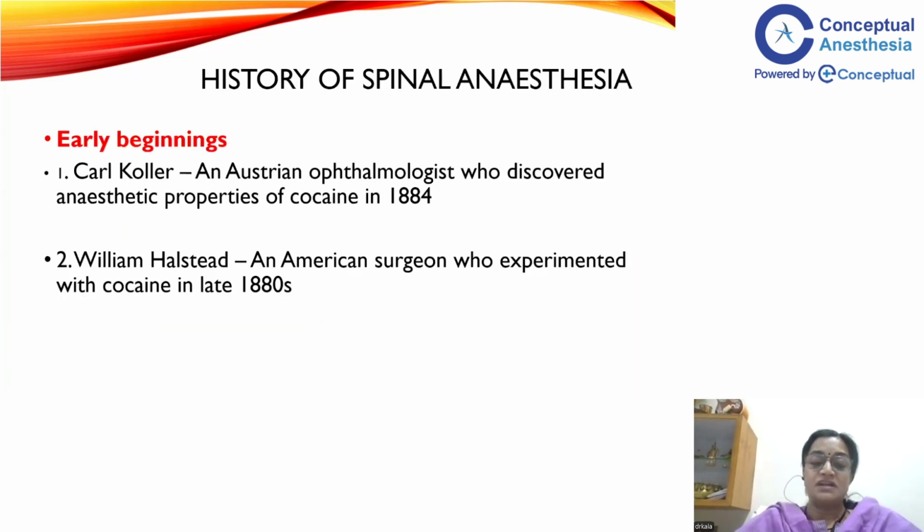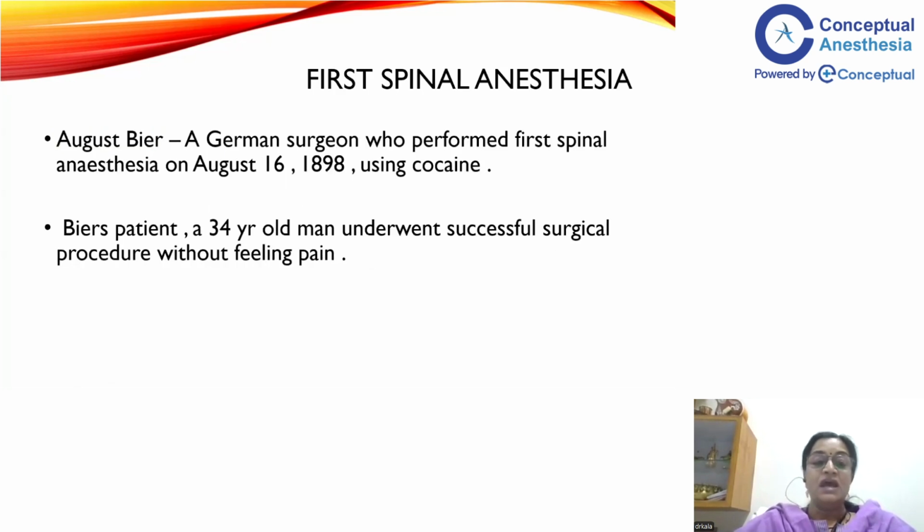Okay, we'll start at the beginning, that is the history of spinal anesthesia. The early beginnings: Karl Koller, an Austrian ophthalmologist, was the one who discovered the anesthetic properties of cocaine in the year 1884. Then William Halsted, an American surgeon, experimented with cocaine in the 1880s.